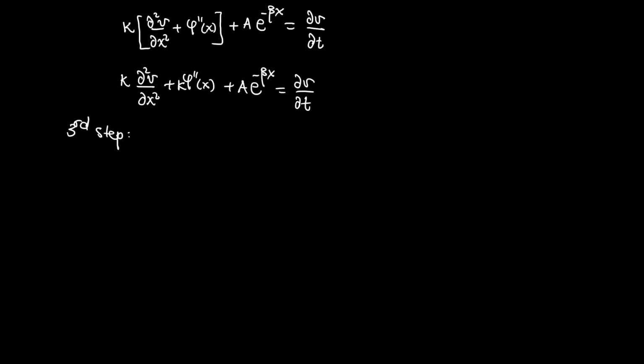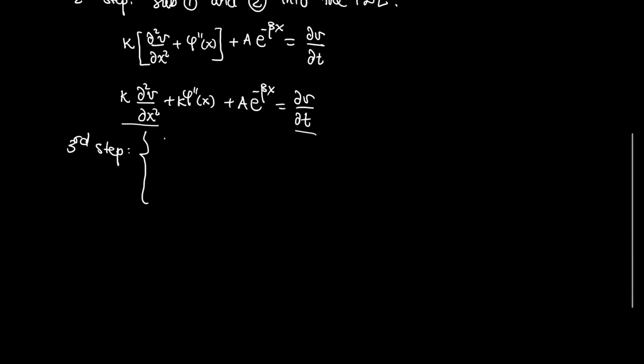Okay, now the third step, you make it into two problems, right? You have to separate them into two problems. I'm gonna say I want to solve the classic heat equation that we actually know how to solve. So I'm gonna select this has to be equal to this.